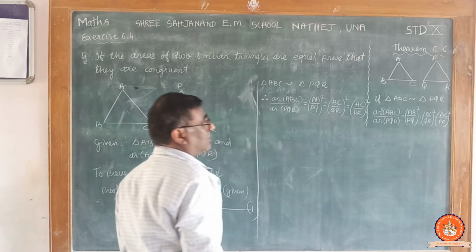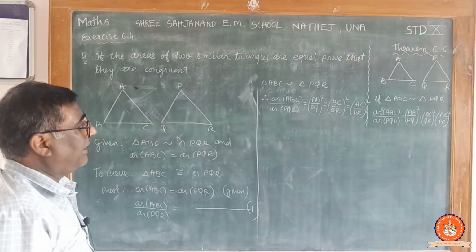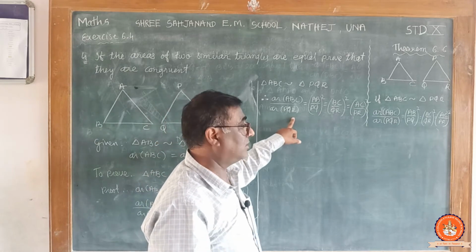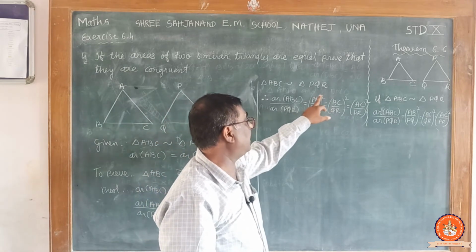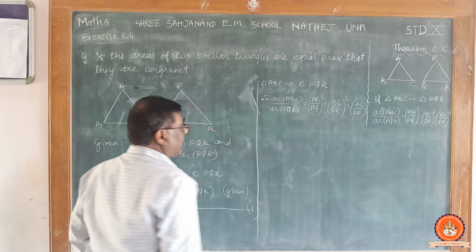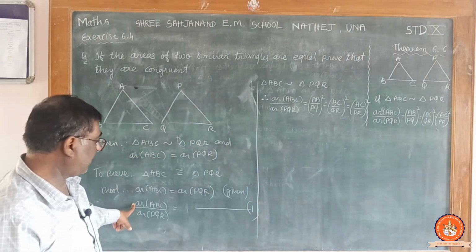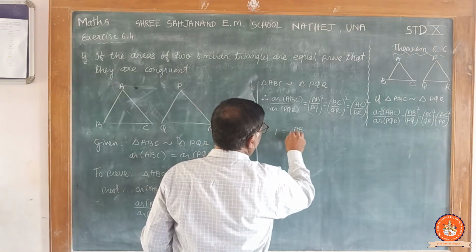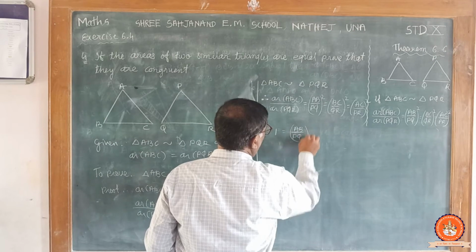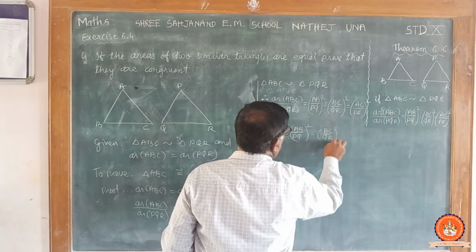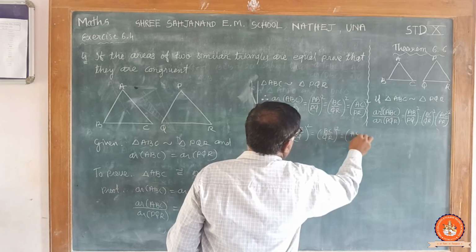So as per theorem 6.6, the area of two similar triangles is equal to the square of the ratio of their corresponding sides. And area of ABC upon area of PQR is equal to 1. So 1 equals AB upon PQ, the whole square, is equal to BC upon QR, the whole square, is equal to AC upon PR, the whole square.